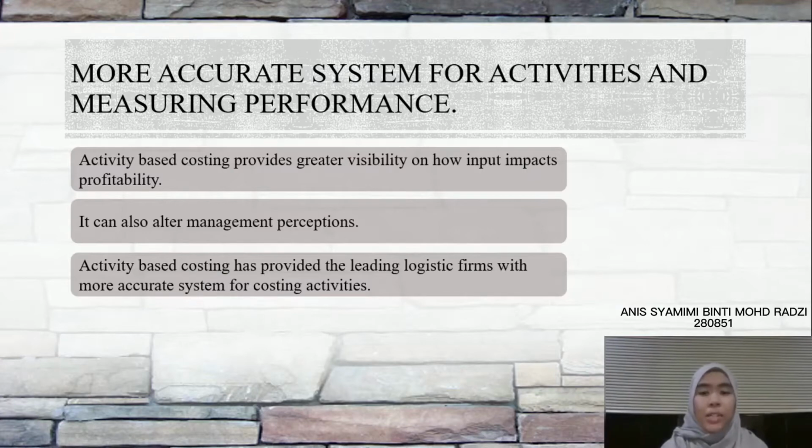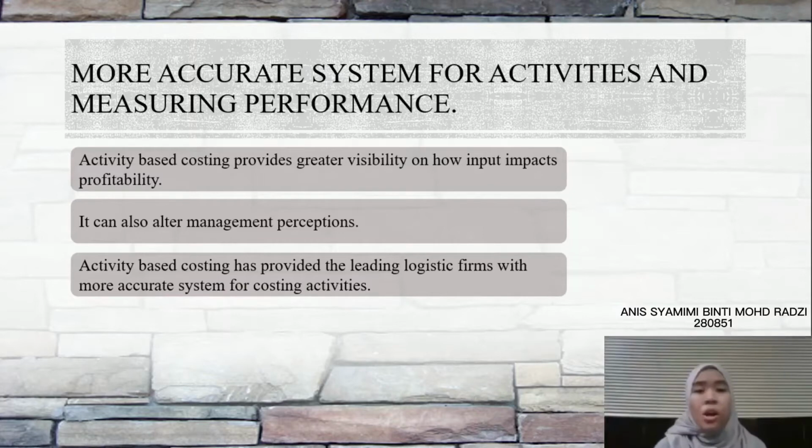As a conclusion, the activity-based costing system provides the leading logistic firm with a more accurate system for costing activity and measuring performance. Overall, we can see that there are a lot of benefits and advantages of the activity-based costing system, not only in the logistics industry, but in general, in manufacturing companies and also services companies.